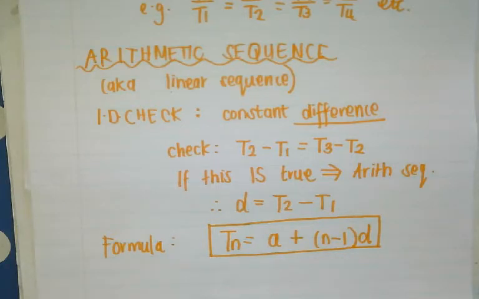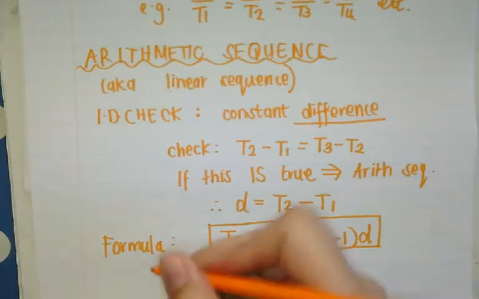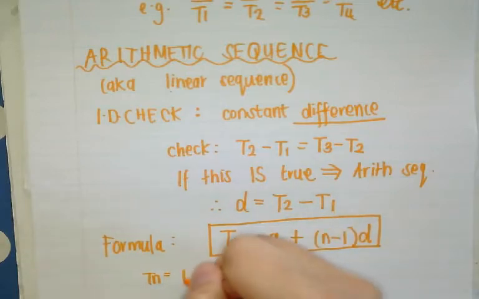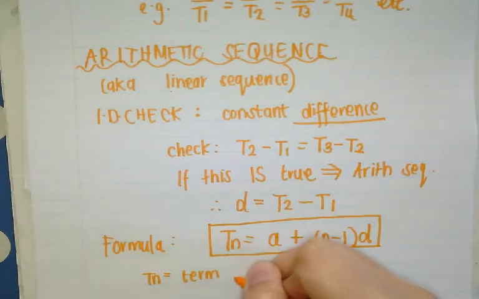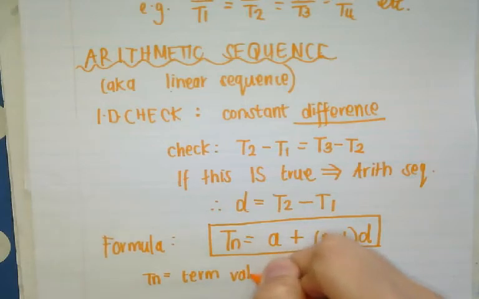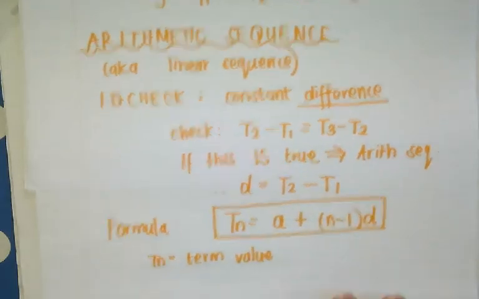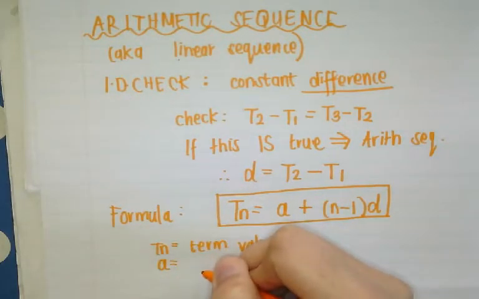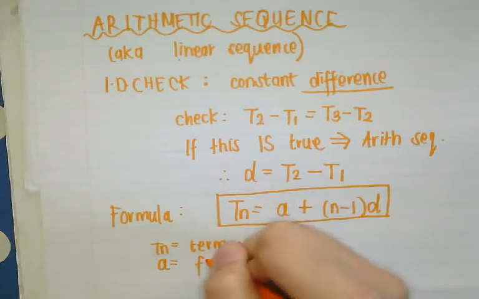Just recapping what those different variables mean. Tn, we found in our terminology, is the value of a term. A in the formula is the value of the first term in the sequence.